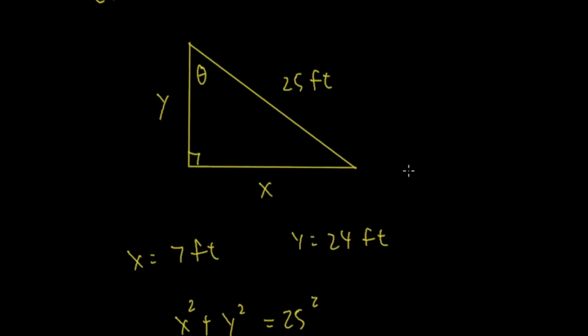Now what else do we know? That's not much information given in part C, right? But we do know that we're looking for the change of the angle over time. So we're looking for d theta over dt, right? That's what we're looking for. How can we set up this equation so that we can do the derivative to find d theta over dt? We can use trigonometry, right? And we know that from this perspective of a right triangle, tan theta is equal to x over y.